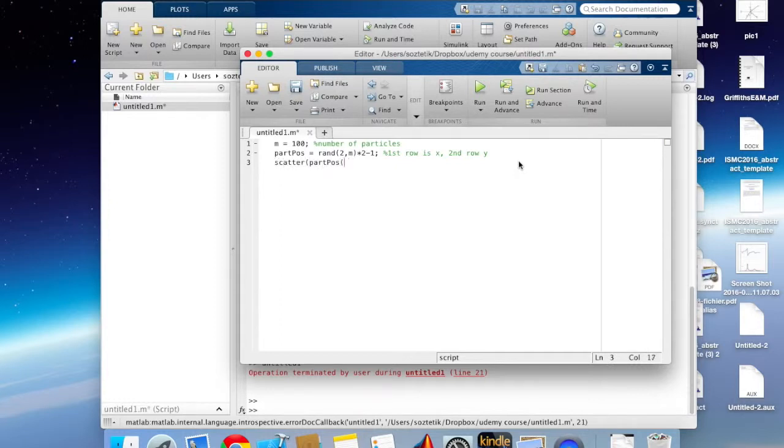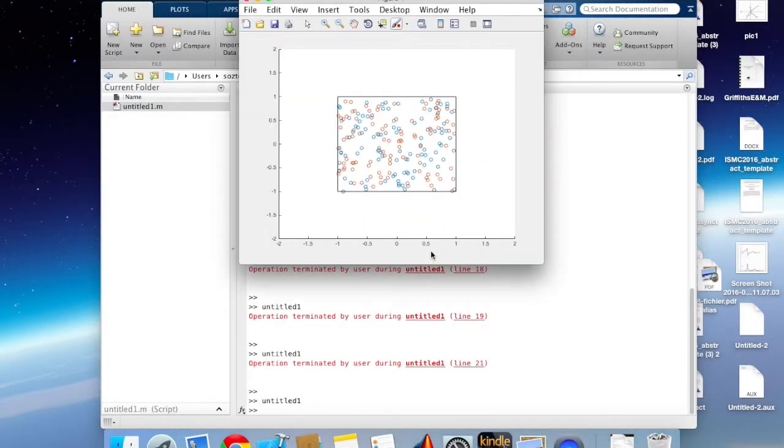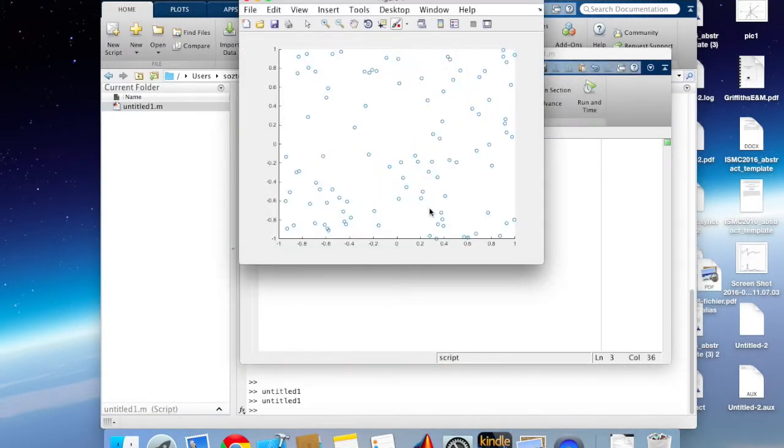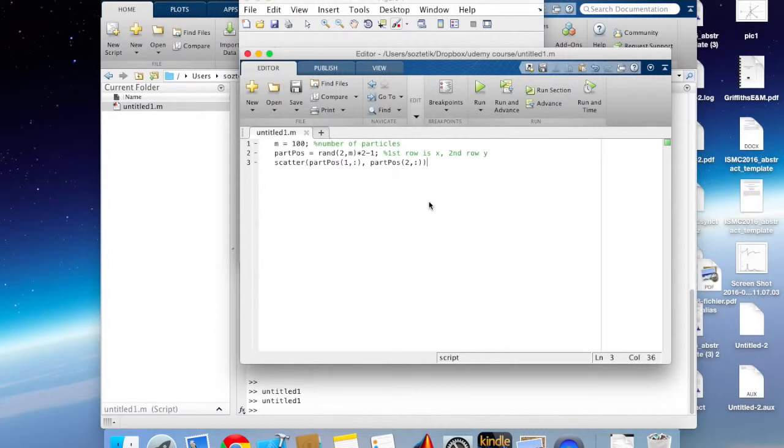Particle positions one to all, particle positions two to all. And we can see here these particles are distributed uniformly between -1 and 1.